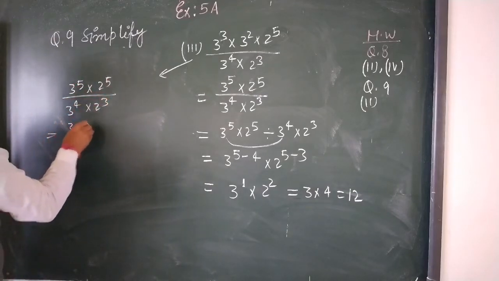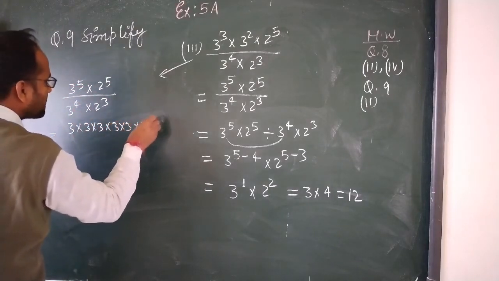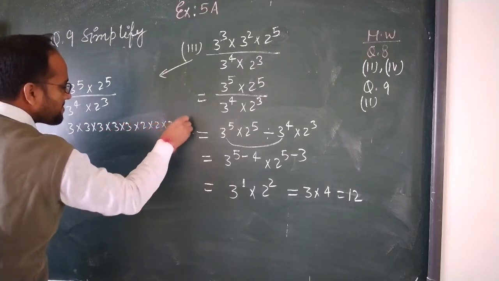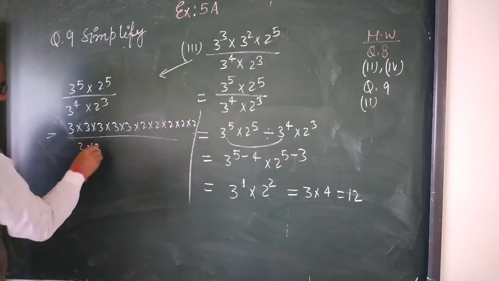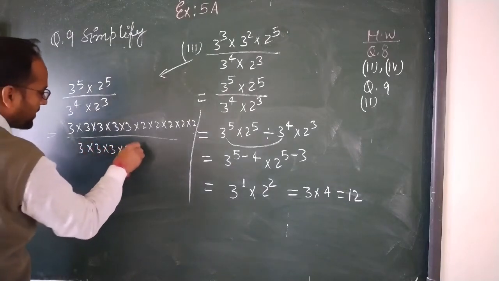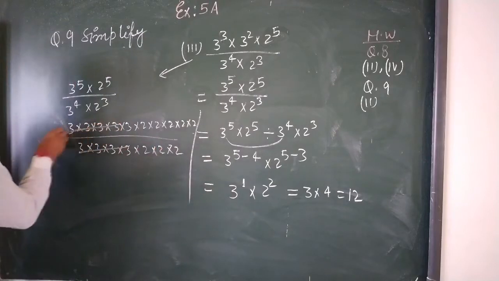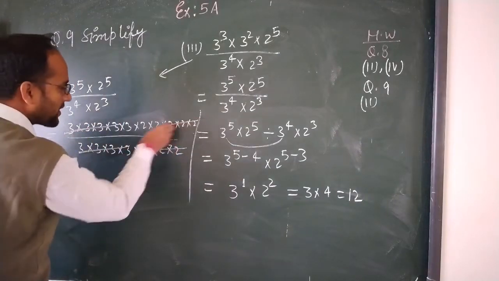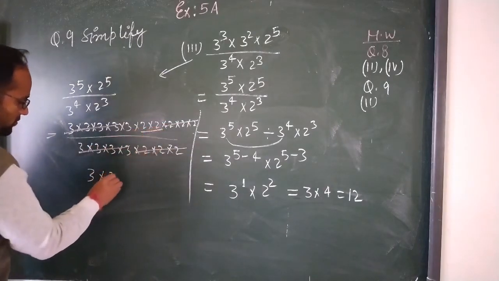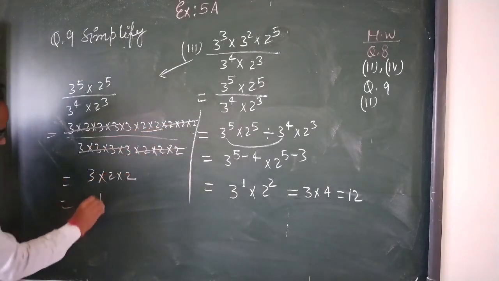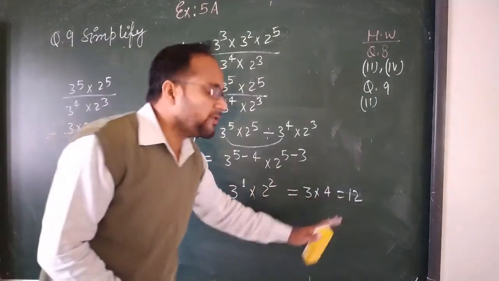So 3 five times and 2 five times, and here is also 3 four times and 2 three times. Cancel out this 4 with this, and 3 twos, you will cancel out with this. Here is 1 three remaining and there is 2 twos. So in this case also you will get this 12. Okay, same answer you will get.